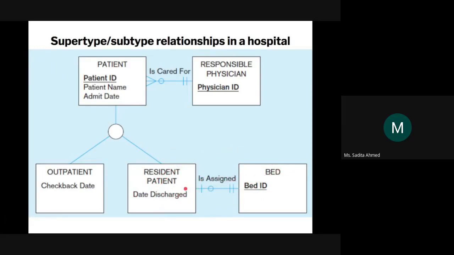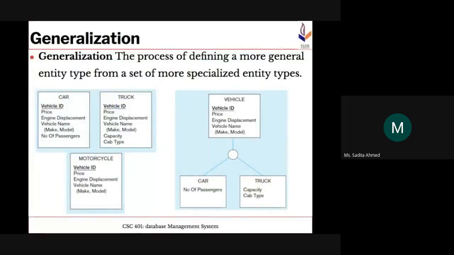So this relationship line is only attached to this subtype. This relationship line is attached to the resident patient subtype and only that one, because it's not shared by the other instances under other categories. It's not applicable for all patient instances. It's only applicable for resident patient instances, right? That's a scenario where you create a supertype subtype relationship.